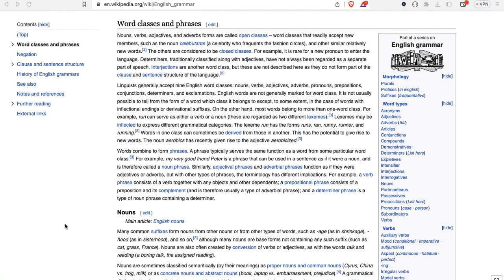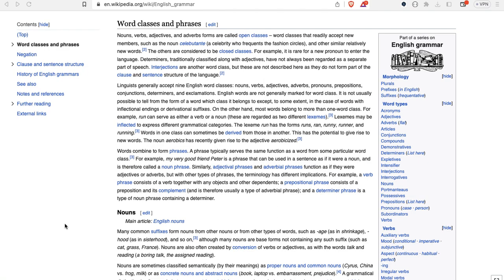Words combine to form phrases. A phrase typically serves the same function as a word from some particular word class. For example, my very good friend Peter is a phrase that can be used in a sentence as if it were a noun and is therefore called a noun phrase. Similarly, adjectival phrases and adverbial phrases function as if they were adjectives or adverbs, but with other types of phrases, the terminology has different implications.